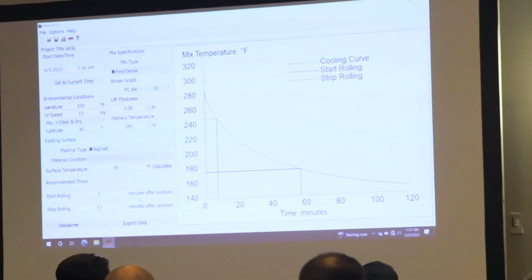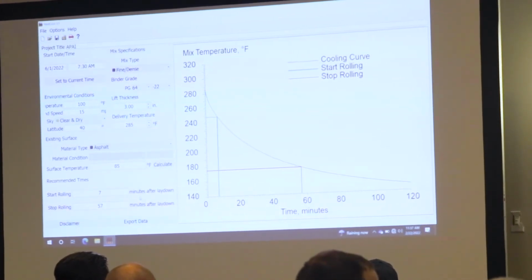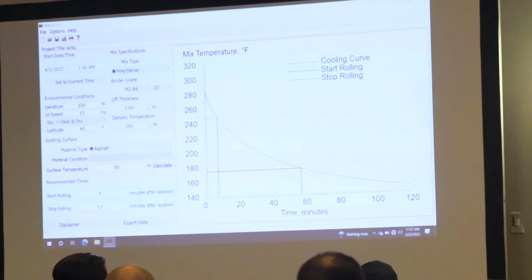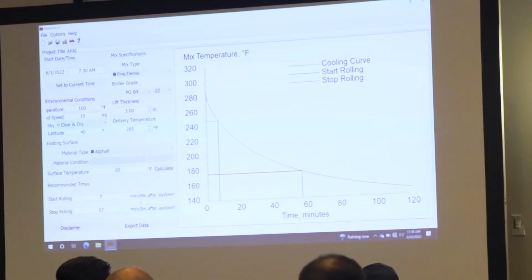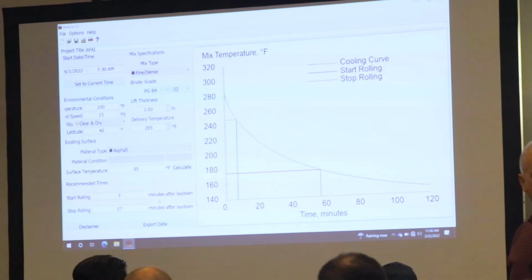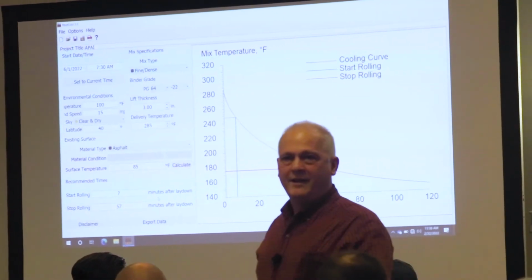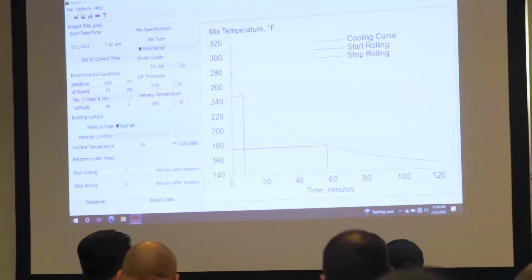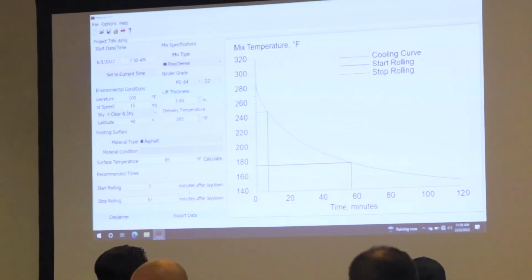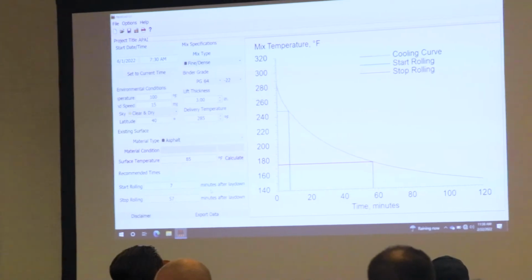How far is that paver going to be ahead of that last roller, if it takes an hour and you're moving 20 feet a minute? 60 times 10 is 600. 60 times 20 is 1,200. 1,200 feet. So it's a ways back there.